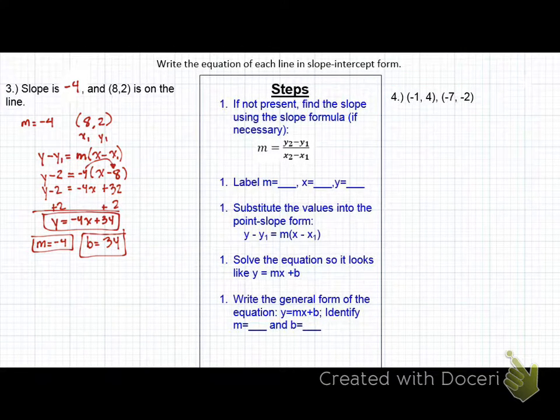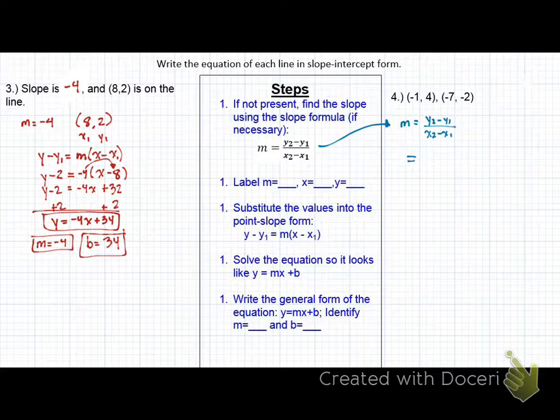Okay, what's the piece of information we're missing, everyone? The slope. How do you figure this out, everyone? Good. So we're going to figure out our slope here. We have to do our y2 minus y1 over x2 minus x1.